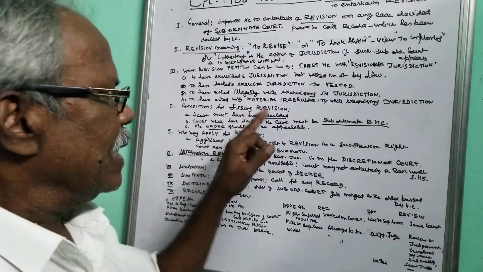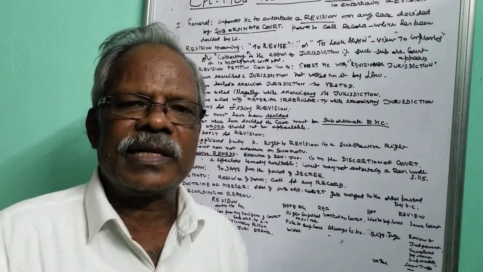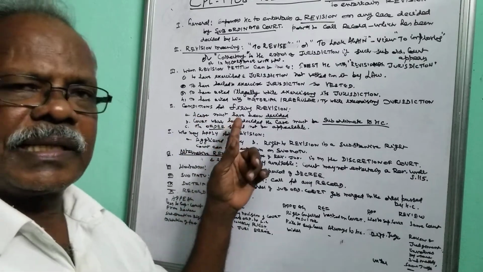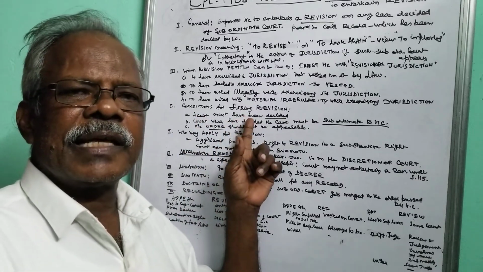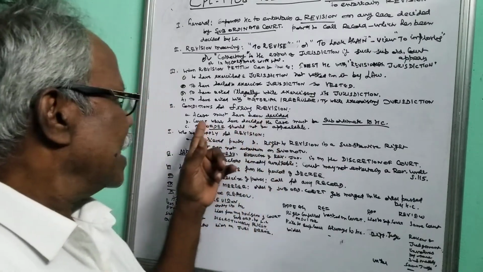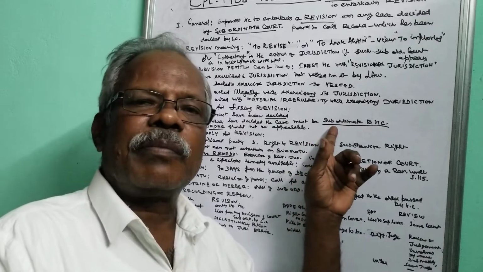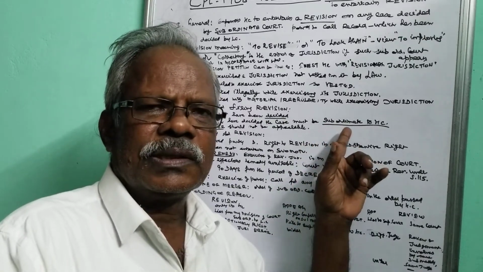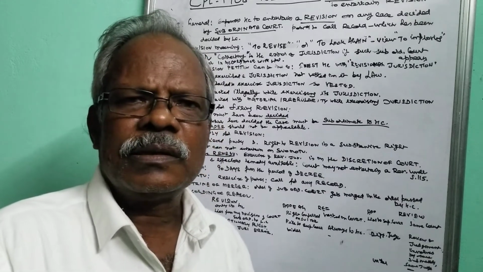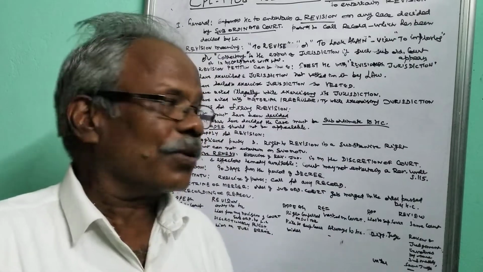Then conditions for filing revisions. What are the conditions to be satisfied for revision? A case must have been decided. Already the case must have been decided by the lower court. Then second, the court which decided the case must be subordinate to the High Court. So the decision is from the lower court which must be subordinate to the higher court.